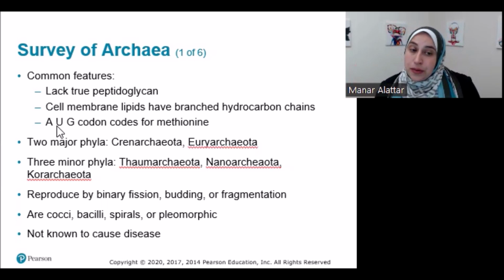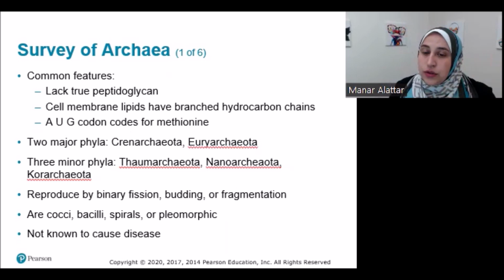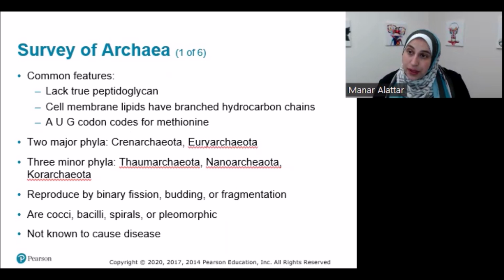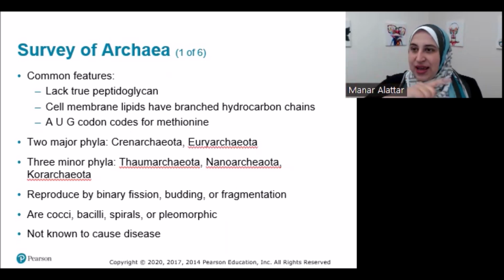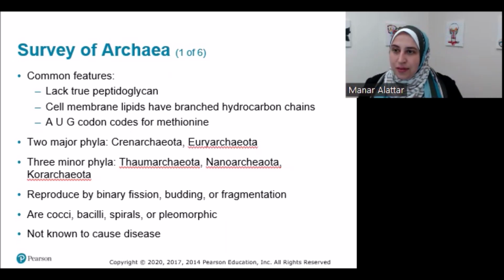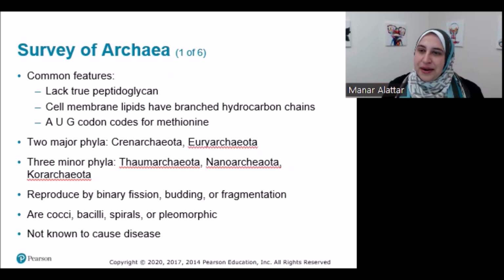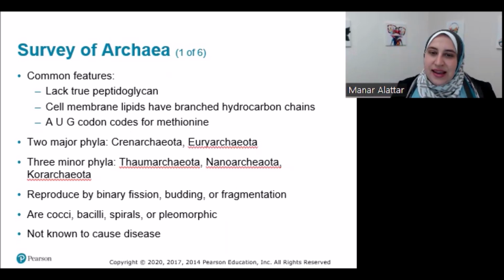Also, in terms of codons in the genetic information, in archaea, across the board, AUG codes for methionine, whereas in bacteria, the codon AUG codes for N-formyl methionine instead. Interestingly, eukarya have an AUG codon that codes for methionine. So in this particular way, archaea are more similar to eukarya than bacteria.